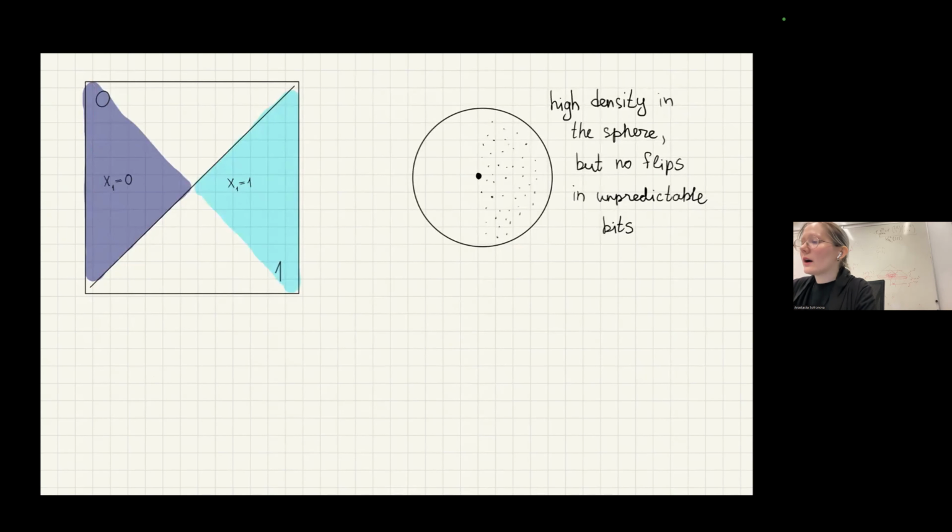And now my definition doesn't rule out these points. Why? Because if I take a point from here, the sphere around it will be quite dense.